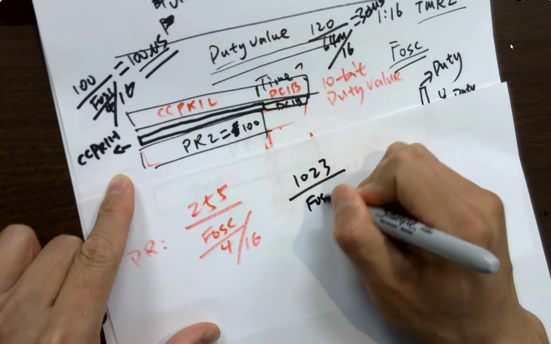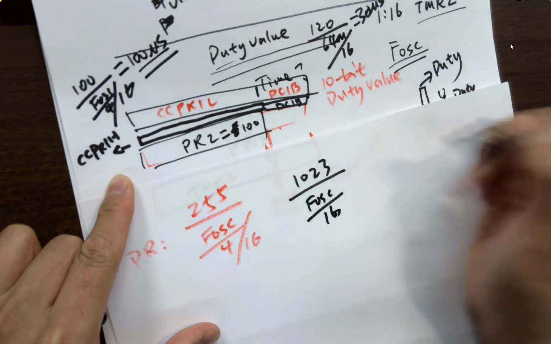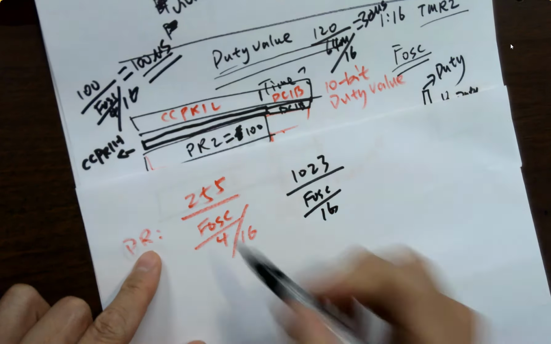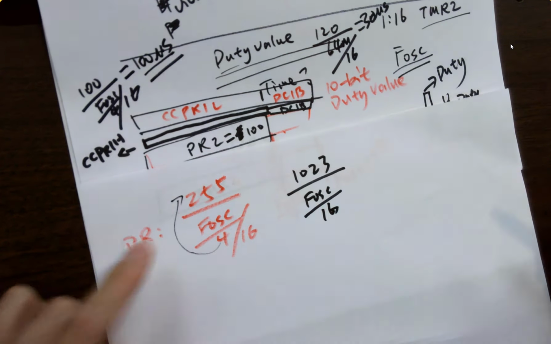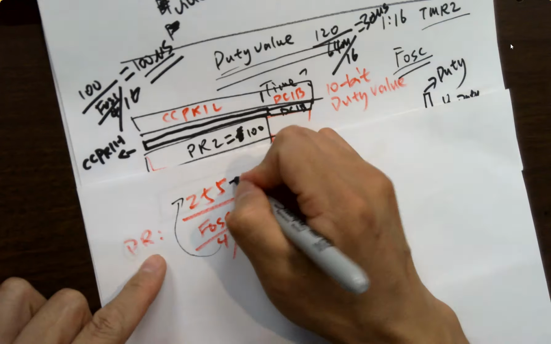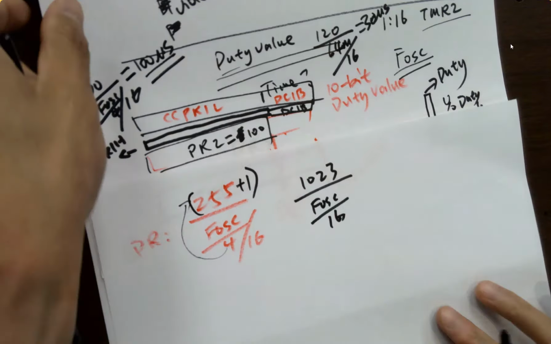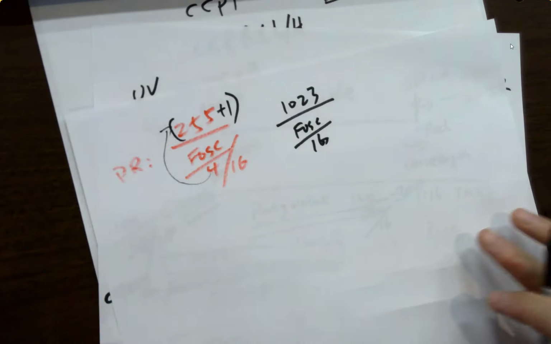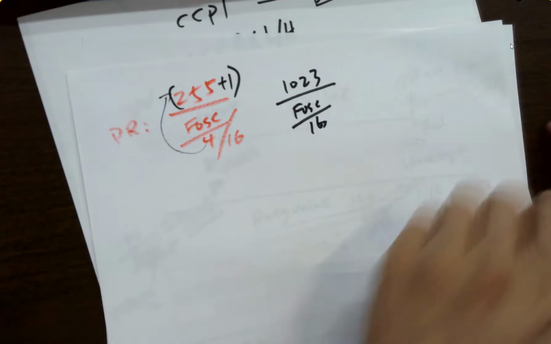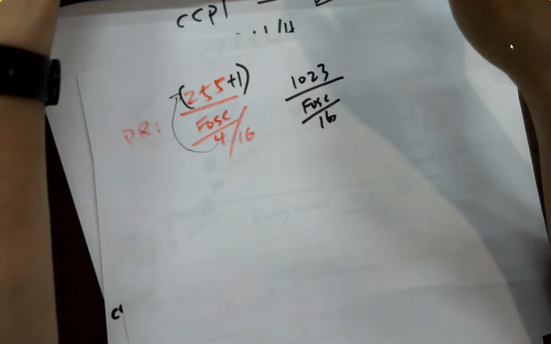Over FOSC over 16. And then wouldn't that just be the same? Oh, actually you need to plus 1, remember? The PR2 function? PR2 is plus 1. But the register for the duty value isn't plus 1, right? No, it's just the period. Yeah, just the period.